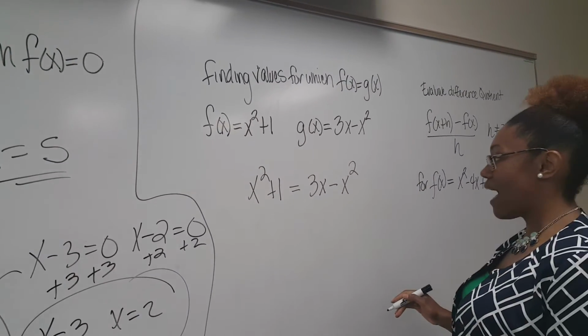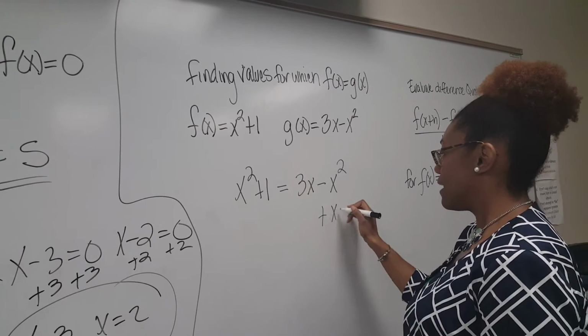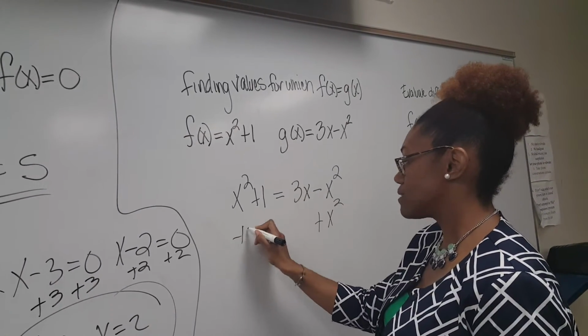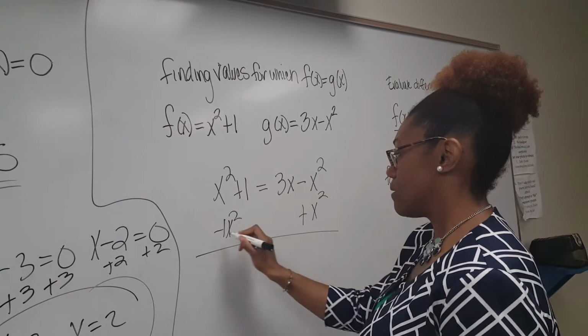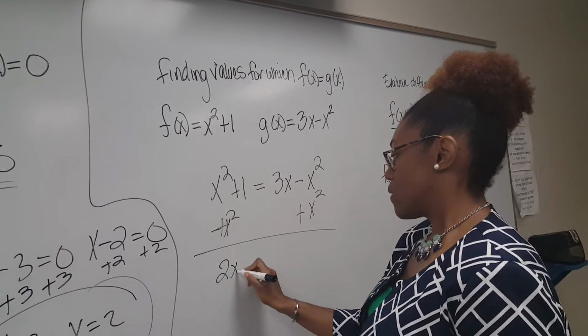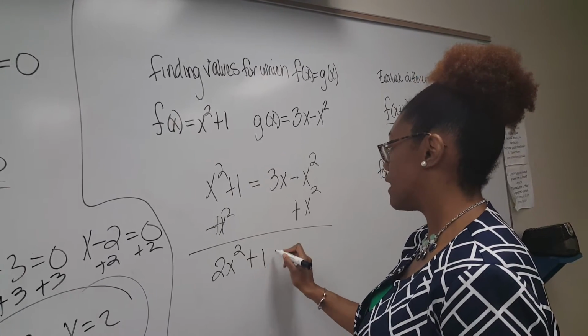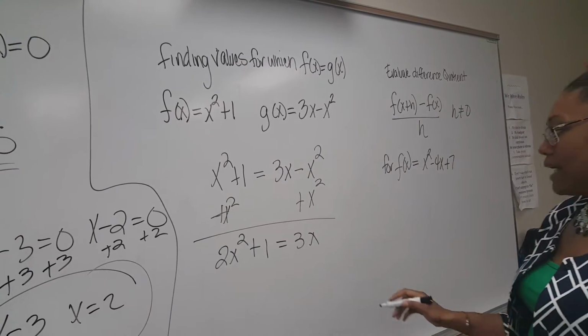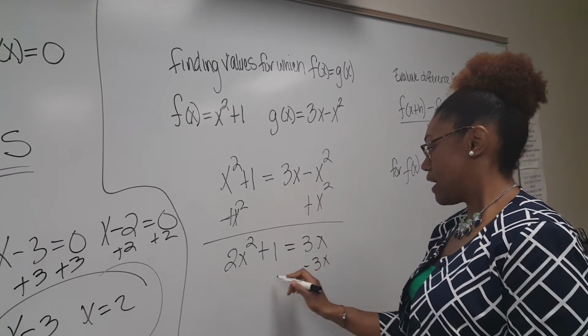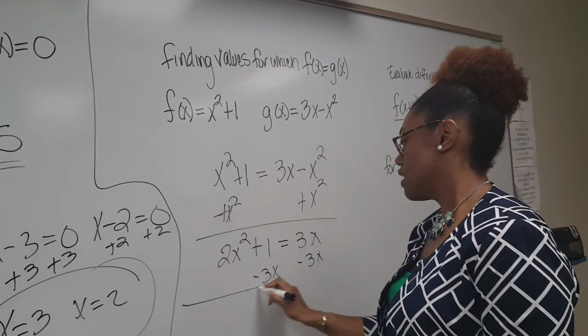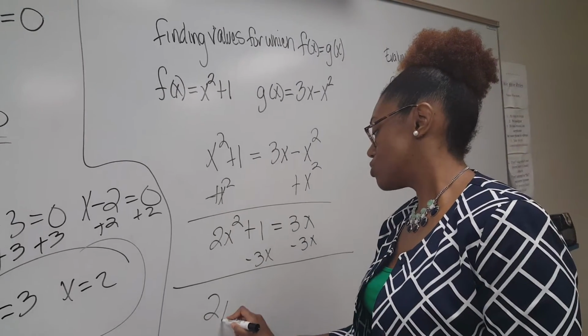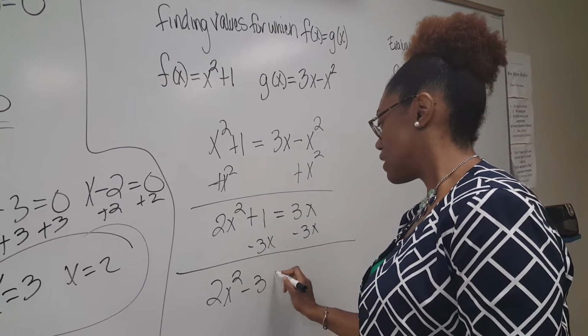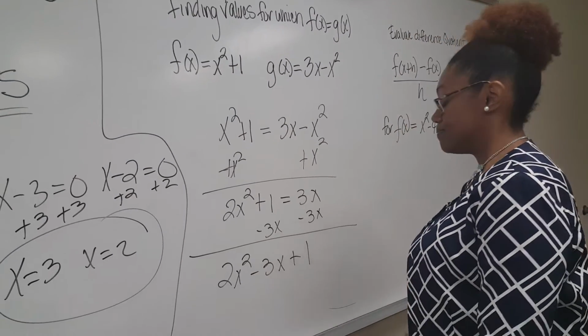So I'm going to add an x squared to both sides, and that'll give me 2x squared plus 1 equals 3x, right? Then I need to subtract a 3x from both sides, right? And then this is going to give me 2x squared minus 3x plus 1.